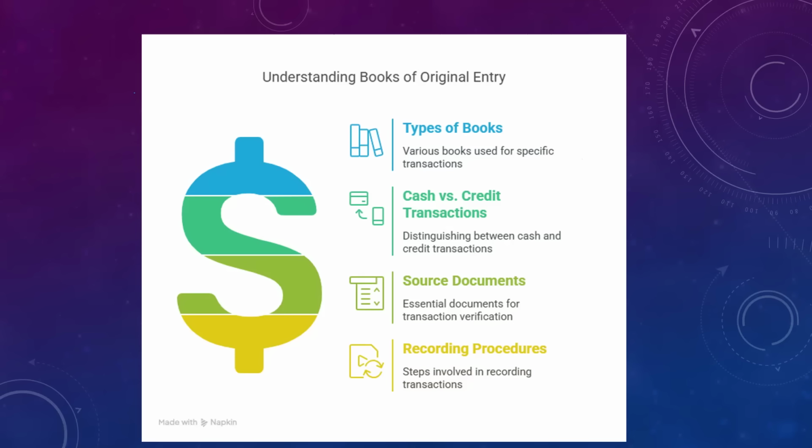Cash transactions occur when somebody pays cash. They actually pay money. And credit transactions occur when the person doesn't pay you immediately. So they owe you money.